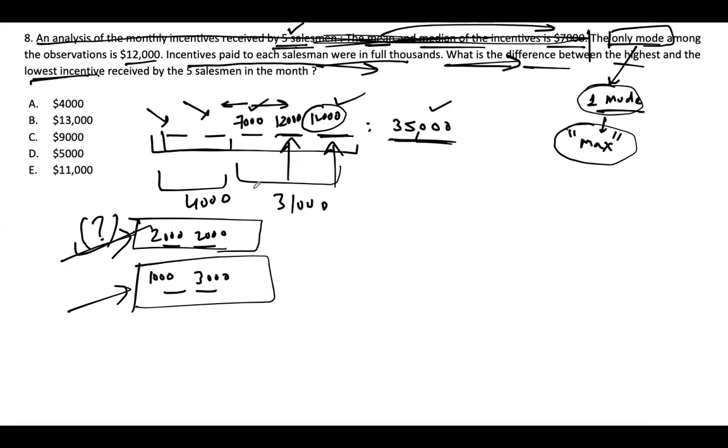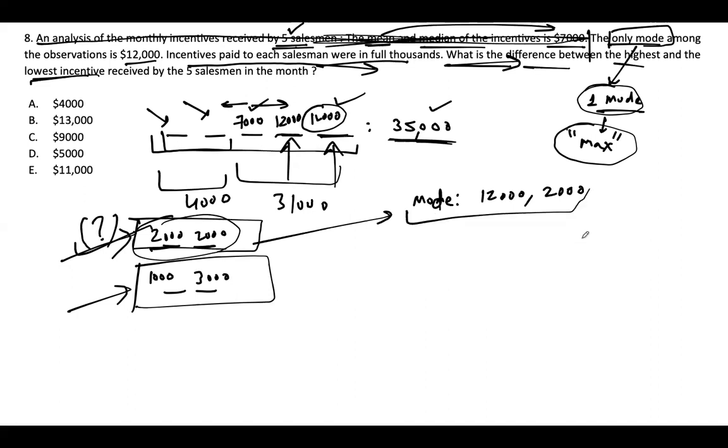Very good, Shiva Prasad. If you're saying 2 times 2,000, that means the mode of the set has become 12,000 and 2,000 as well. And the question said the only mode among the observations. That means there is only one mode, and hence this case is rejected.